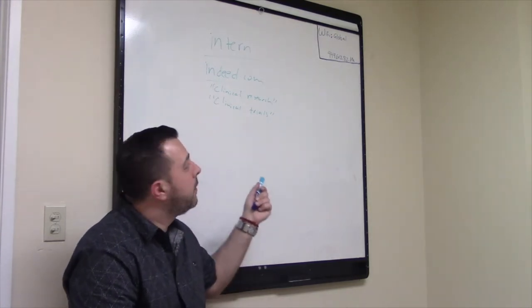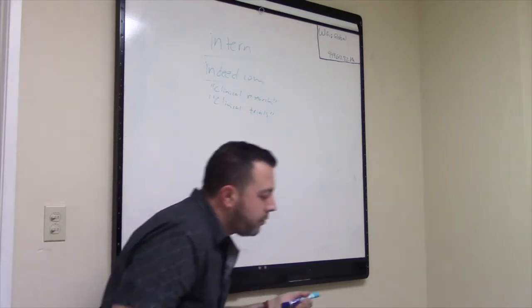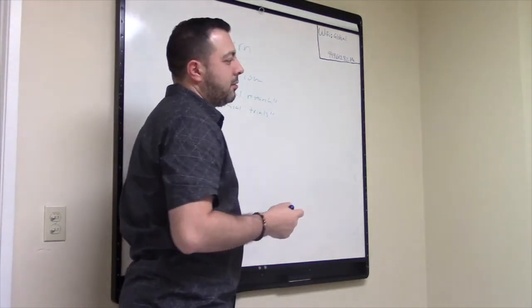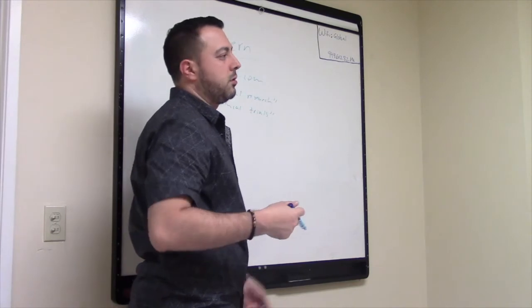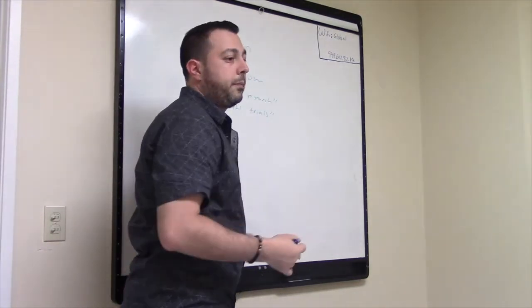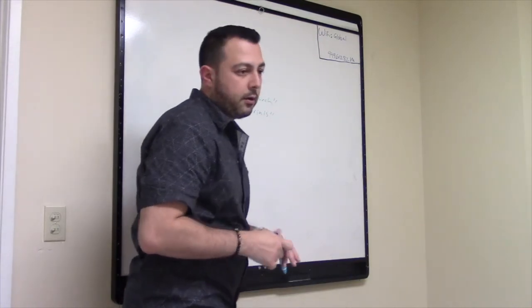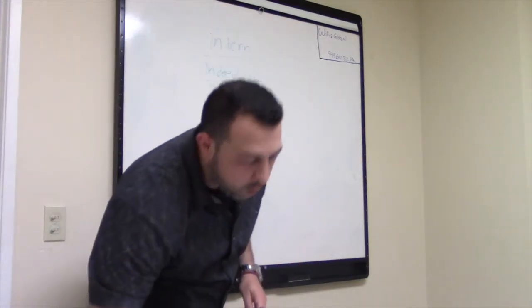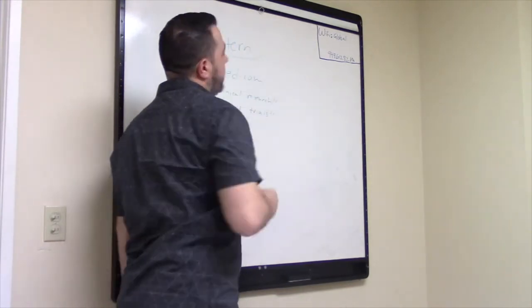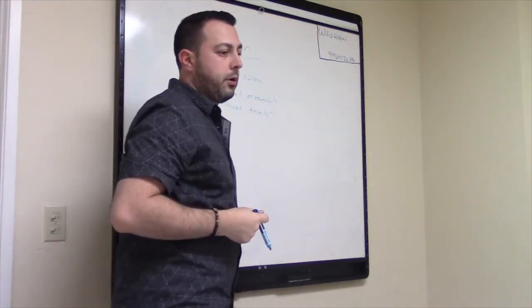Another way to intern, so people who do the CRA Academy are lucky because you don't need to beg to do an internship, you're given one. But if you're just a normal person out there and you ask for an internship, you might get lucky, but most places are not going to want to take the time to train somebody.